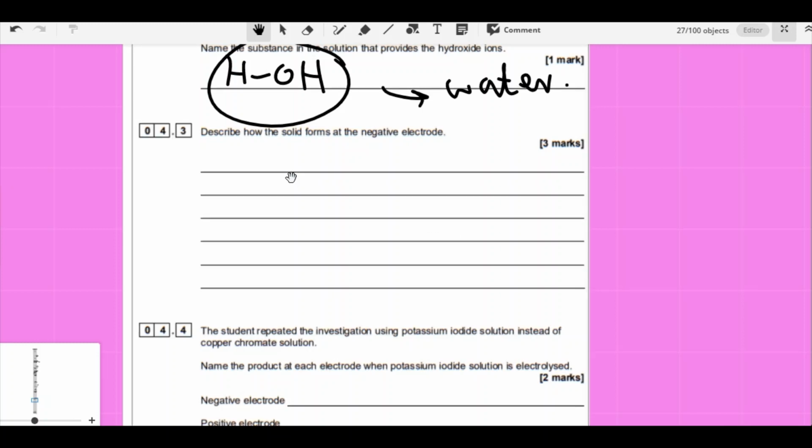Okay, next, here is a 3 marks question. Describe how the solid forms at the negative electrode. The metal moves towards the negative electrode.